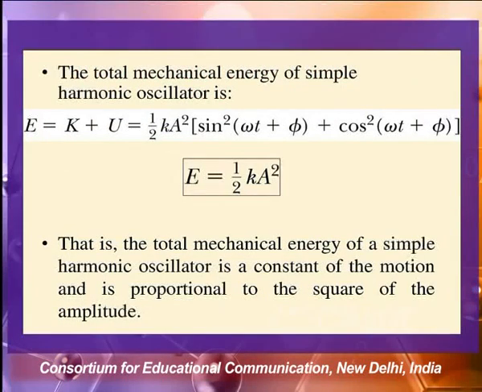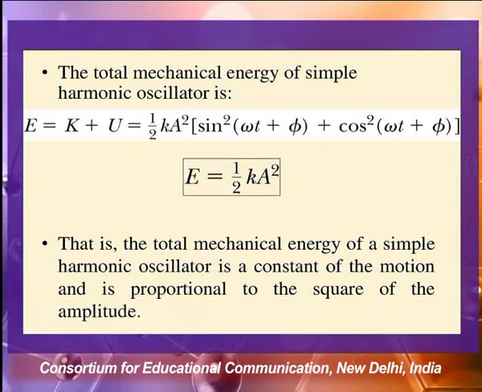And we know very well the total mechanical energy of the simple harmonic oscillator is E equal to K plus U. E is the total energy, equal to the sum of kinetic energy plus potential energy. If you put the value of kinetic energy and potential energy here, we get 1 by 2 kA square times (sin square (omega t plus phi) plus cos square (omega t plus phi)).